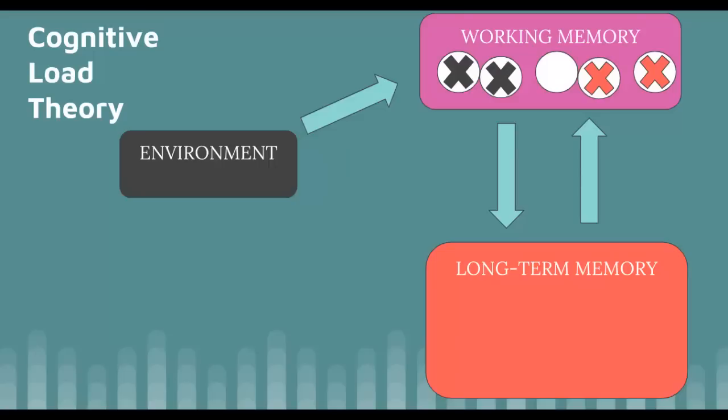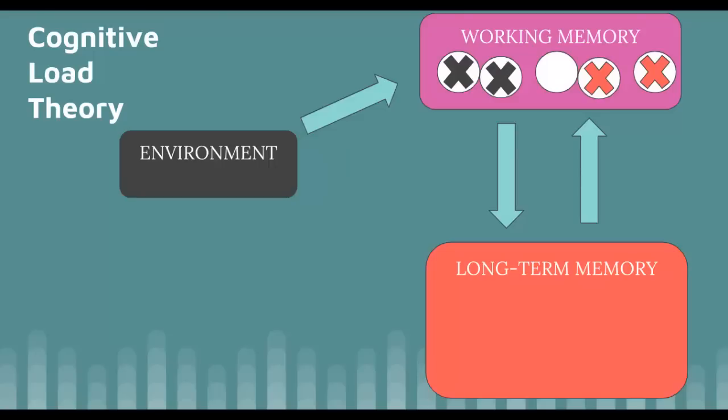Of course, if we want to process some items in our working memory, we may want to draw on information from our long-term memory as well. So our working memory has the capacity to go into our long-term memory store and pull information out into the working memory so that we can process the external stimuli and the internal stimuli together.